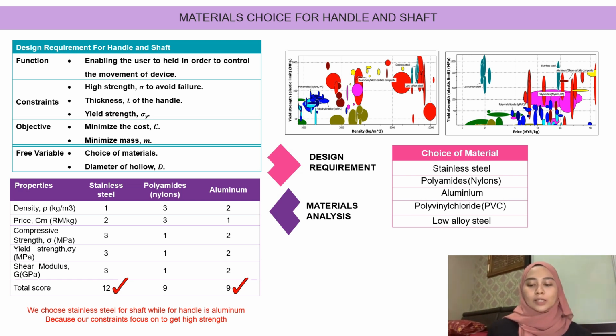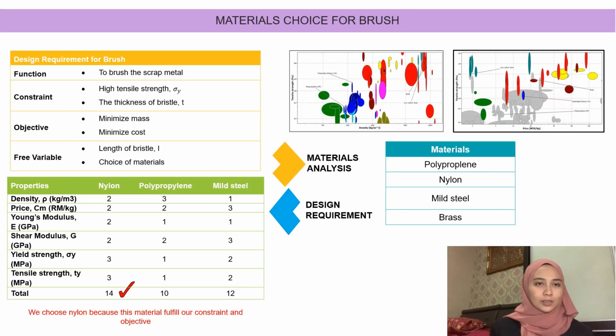After that, we carry out the screening and scoring process, and stainless steel managed to score the highest among the other materials. However, we choose aluminium for the handle part because aluminium is lighter than stainless steel.